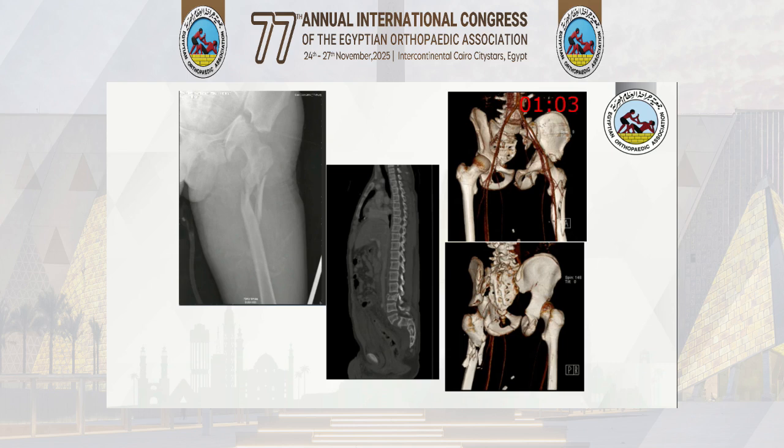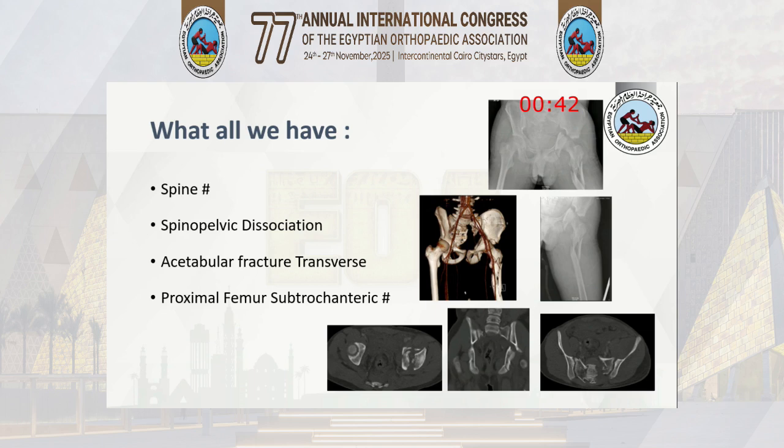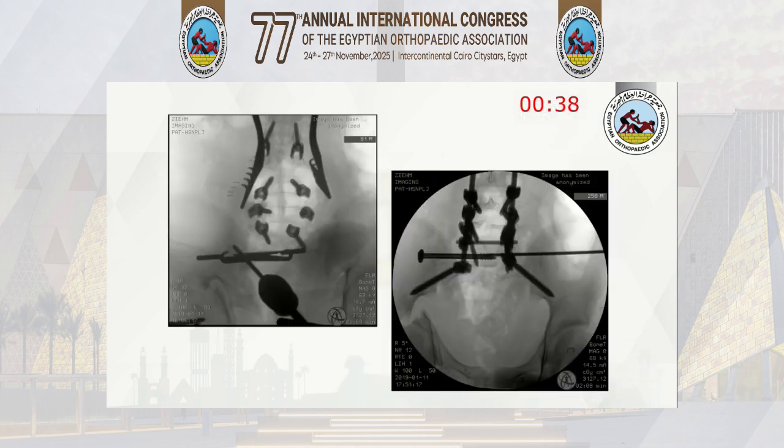So now what do you do for this complicated case, because every reduction is dependent on the proximal reduction of it. If I don't get the spine right, my sacrum and the acetabulum don't get right. If my acetabulum is not right, my pelvis is not right, and then the subtrochanteric fracture also needs to be reduced. So spine fracture, spinopelvic, acetabulum, and proximal femur.